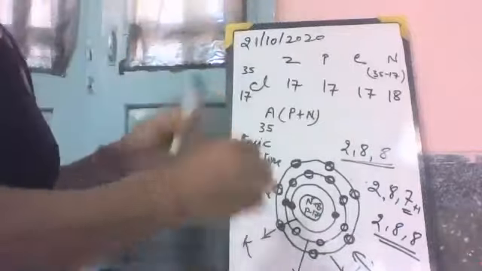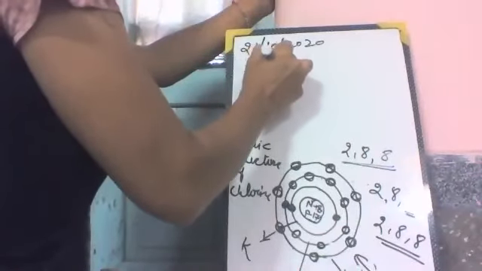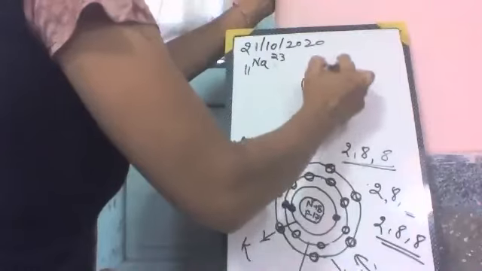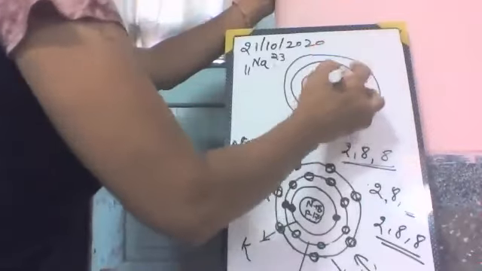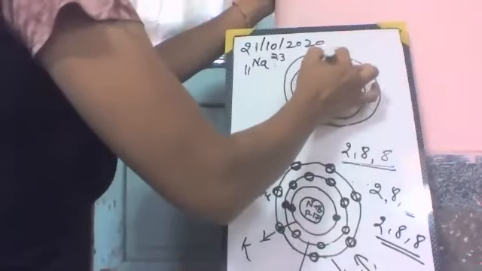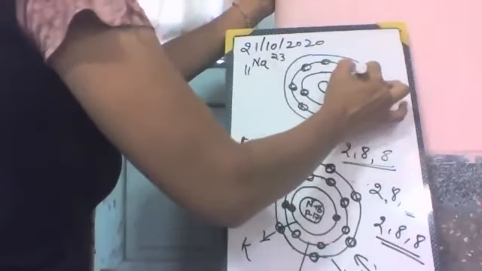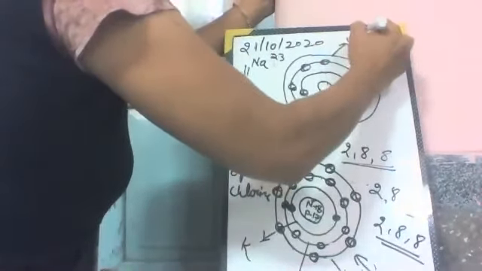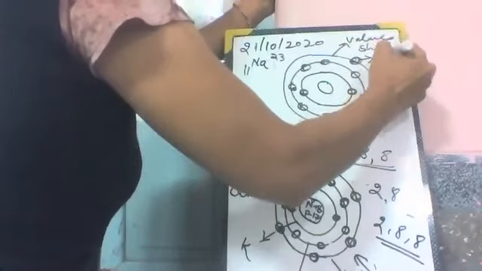See, what is the configuration of sodium? Sodium has atomic number 11. Here is the nucleus. The first shell has 2 electrons, the second shell has 8 electrons, and the last shell has 1 electron. This is the valence shell and this is the valence electron.